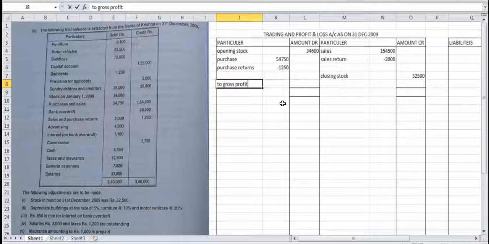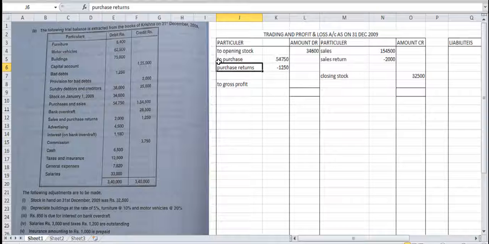And it should be with two amounts: to opening, to purchase, to purchase return.